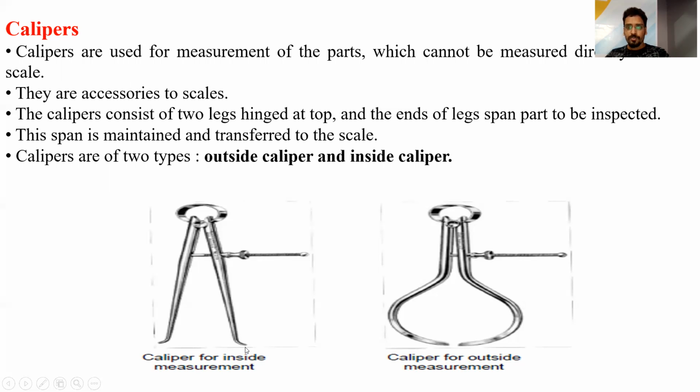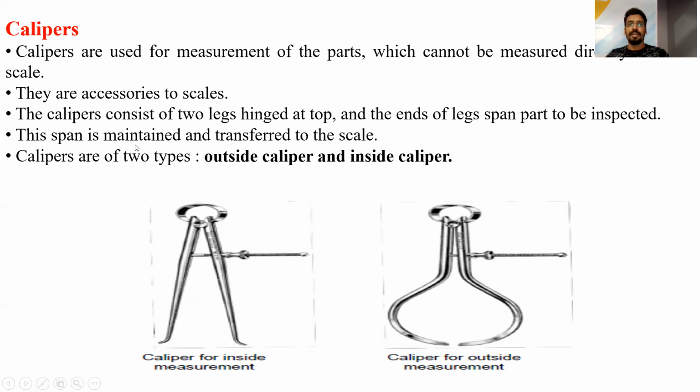This is the inside caliper and this is the outside caliper. It will do the measurement from the inside of the object, and it will do the measurement from the outside of the object. It means it will do the internal measurement and the external measurement.